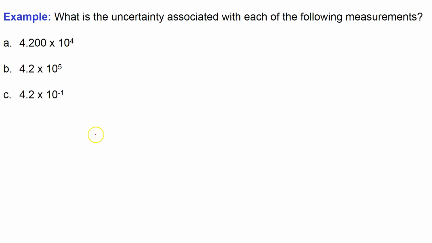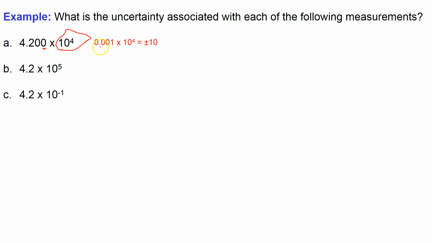So if I was doing these, I have to work out what my uncertainty is here. My uncertainty in my coefficient is going to be plus or minus 0.001, but then I've got to remember to multiply that by 10 to the 4.